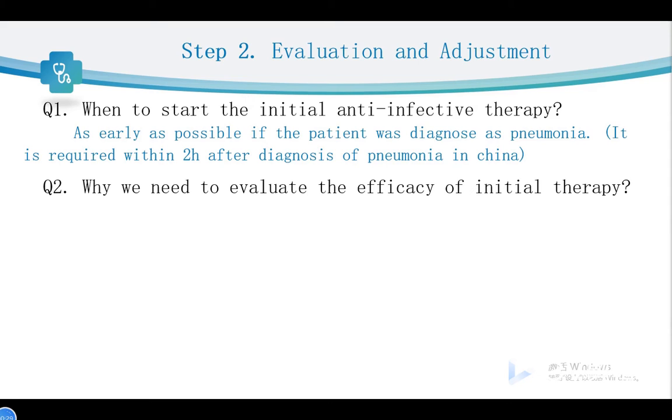In this condition, the antibiotics will not work in some cases. So, we need to evaluate the efficacy of the initial therapy to do the adjustment in time.